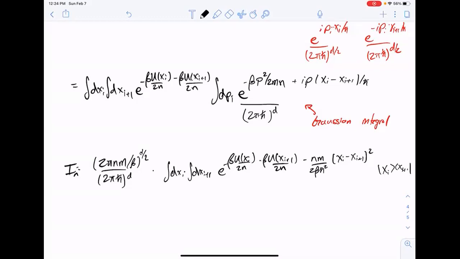Now for each one of those factors in that initial splitting, I could do this over and over again.